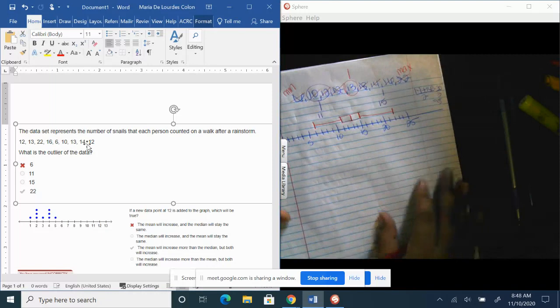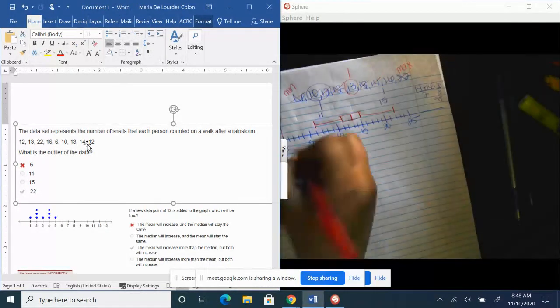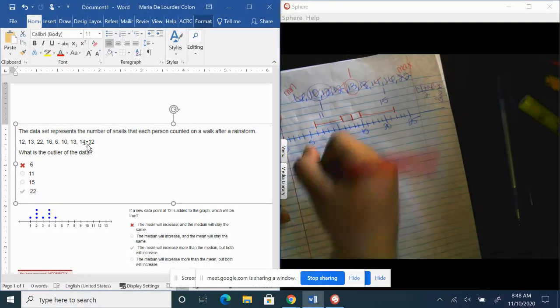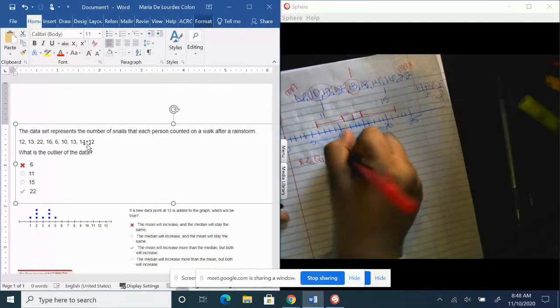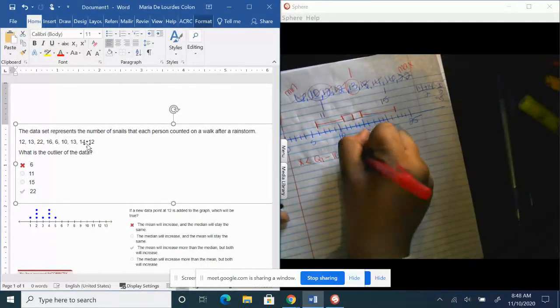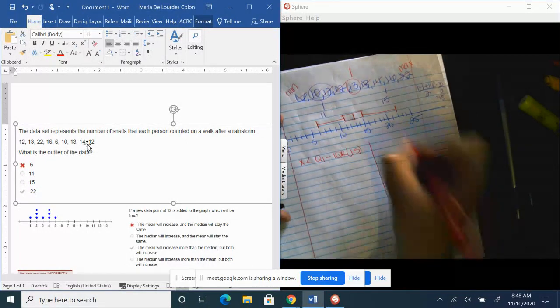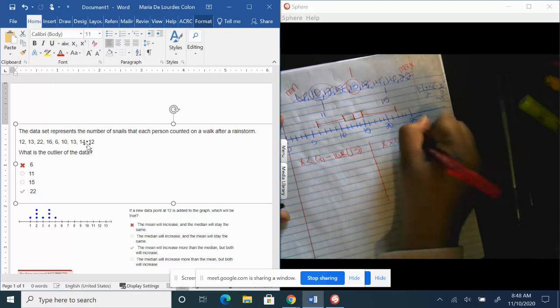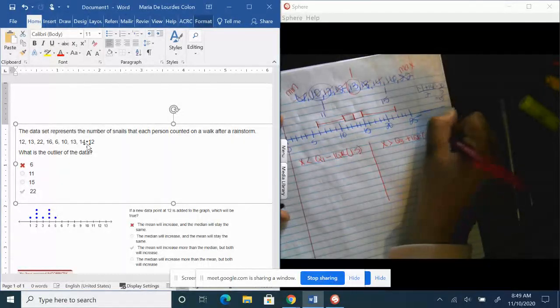Now we can find if we have an outlier. Remember, for an outlier, if any number is less than Q1 minus the IQR times 1.5. So those are formulas that you guys should be familiar with. If any number is greater than Q3 plus the IQR times 1.5.